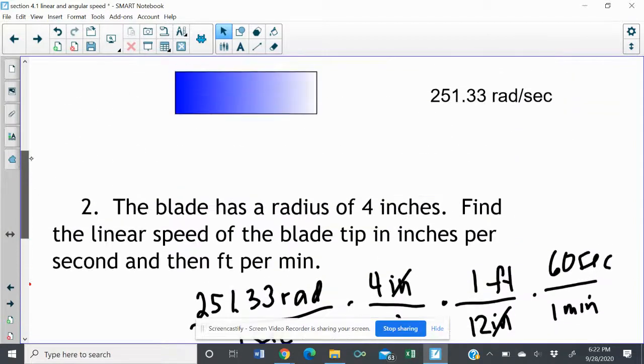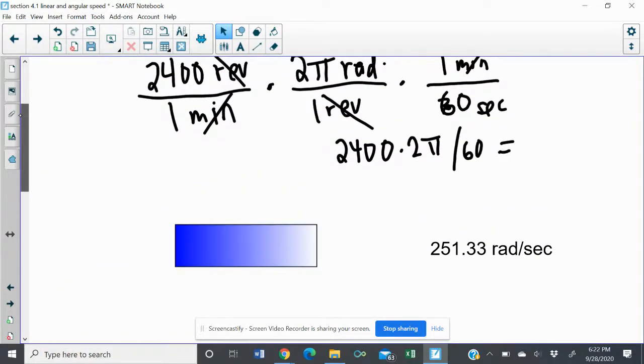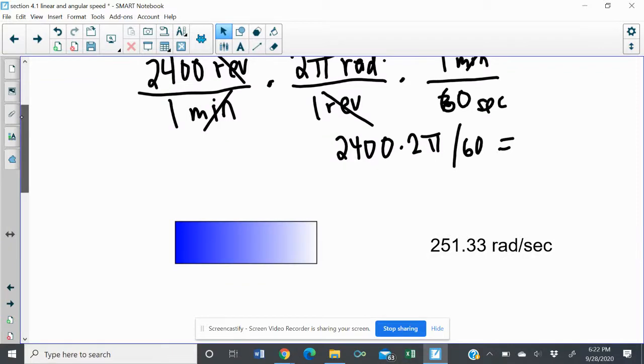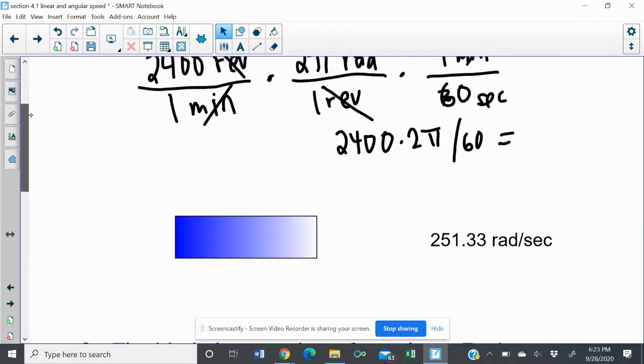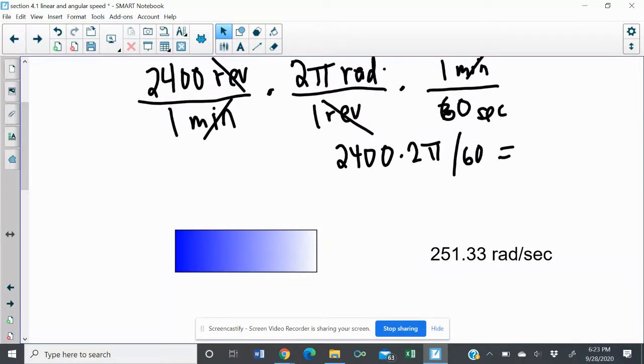And the other one, my radians, which I did up there. Did I get 80? Yes. So it works out.